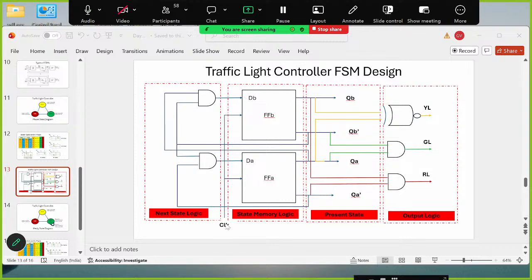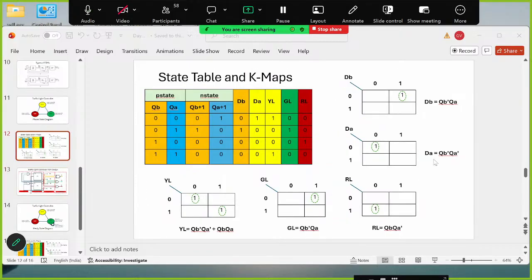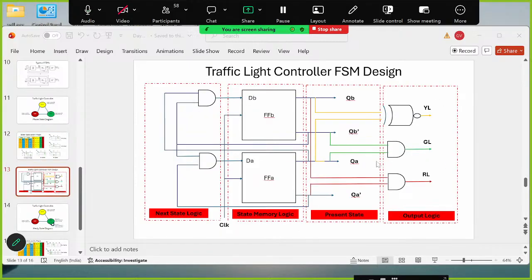This is a clock signal. Similarly, at DA, QB bar and QA bar are connected.